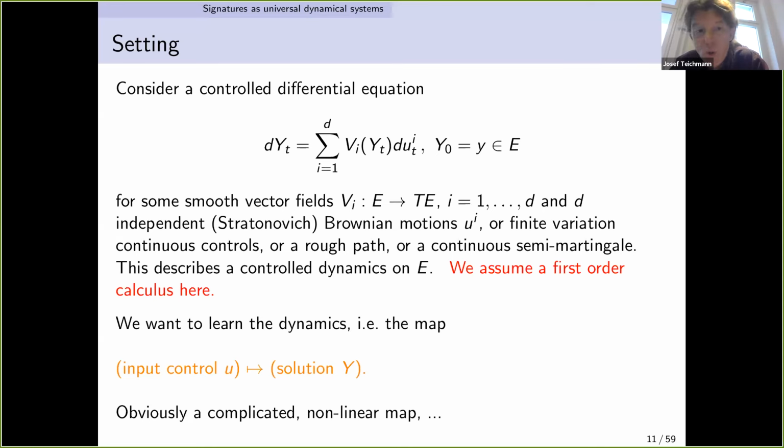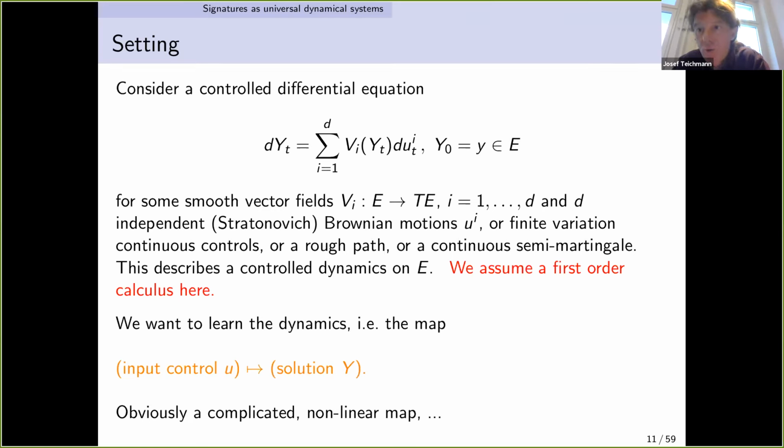And we are interested in learning the map from the input control to the solution. The input control is a curve, the solution is also a curve. This is obviously a complicated nonlinear map, and it is well known, for instance, in the context of stochastic differential equations, when the input space is Wiener space, that this map is generically not continuous, but only measurable.